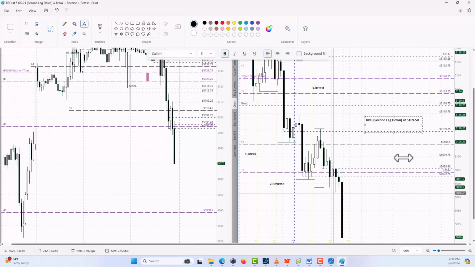That's what we have right there. We have 3 steps. First it breaks, second is the reverse by the way, and third is the retest from above that level.